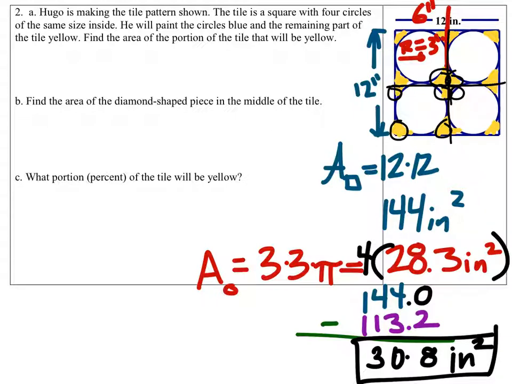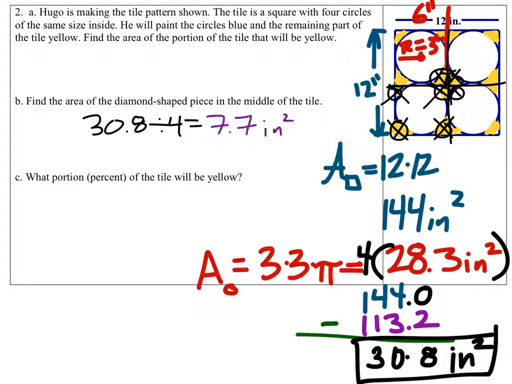So let's go ahead and just divide the 30.8 by 4, because we had 4 parts here as well, you guys. And that would give us 7.7 inches squared for part B.